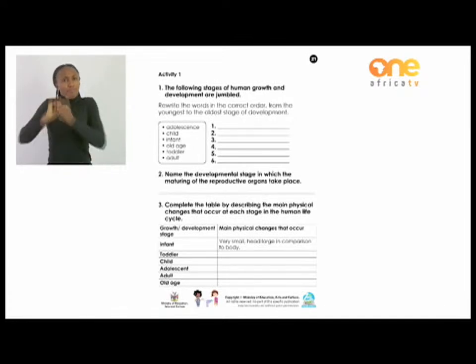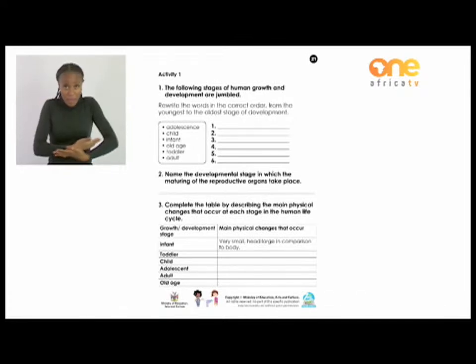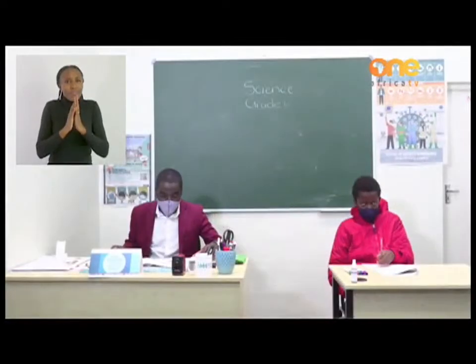And then on our right side, we have main physical changes that occur. Infant is already done for you as an example. So you have now to continue with the rest by giving all the details regarding each stage of development.